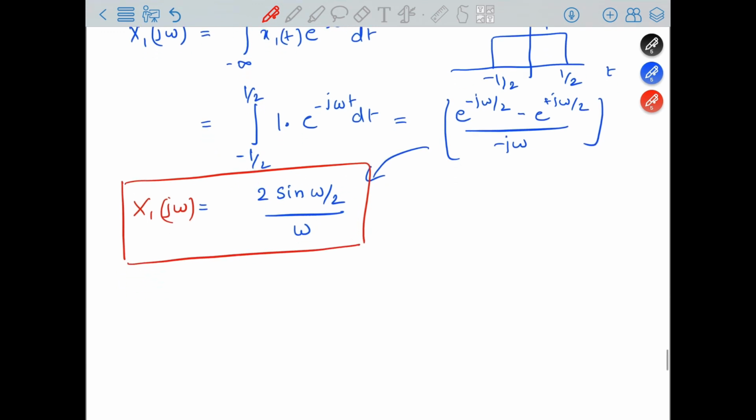divided by ω. Now I'll take the second function, that is X2(jω). This is the Fourier transform of the second signal, the integral from minus infinity to infinity of x2(t) e^(-jωt) dt. Now we'll put the limit.